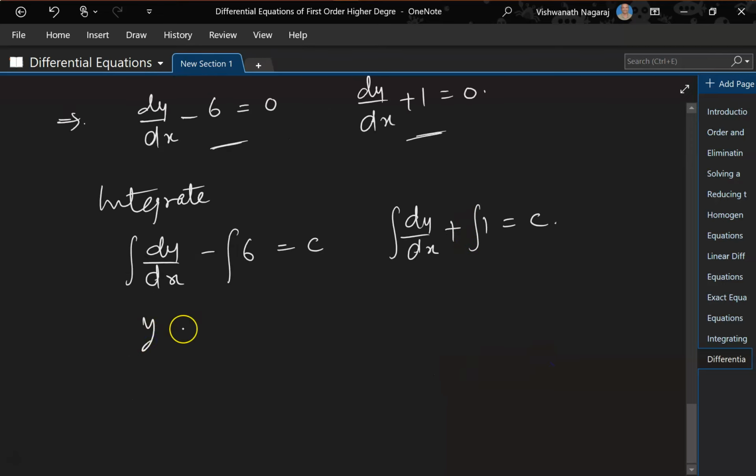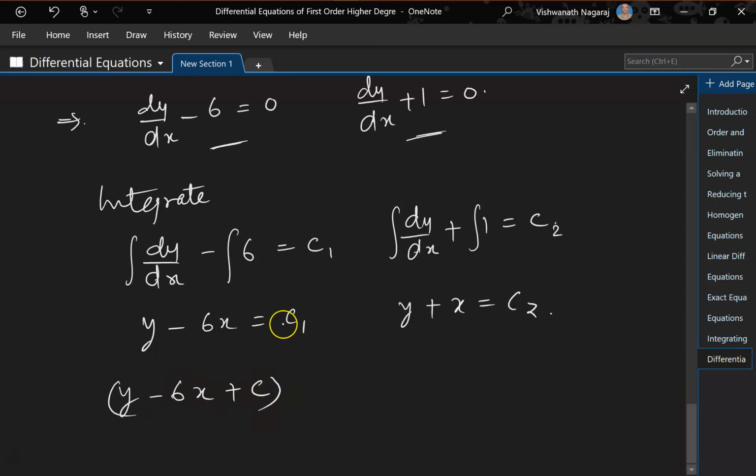This would be y minus 6x is equal to, let's say this is c1, c2. So c1. And here y plus x equal to c2. Now remember, c1 is equal to c2 equal to c3. So let's say y minus 6x plus c.